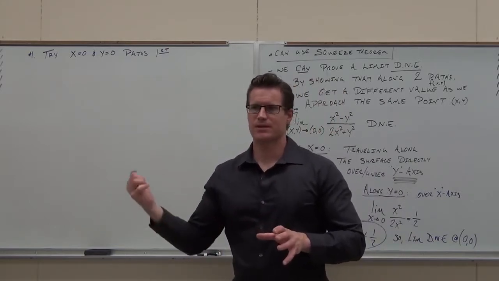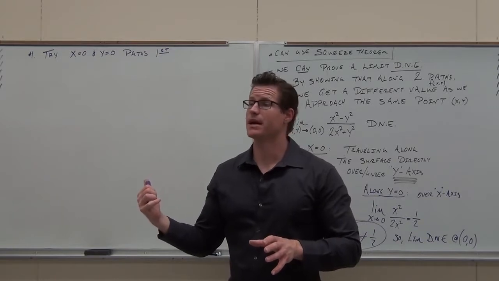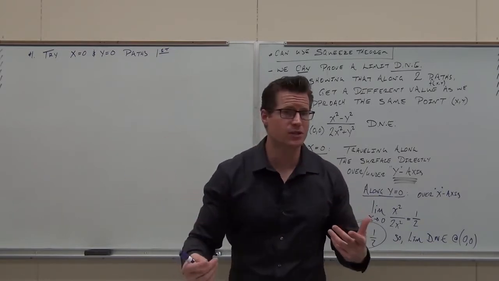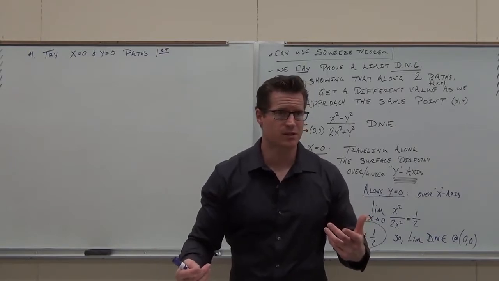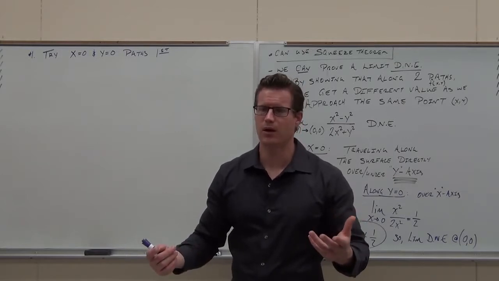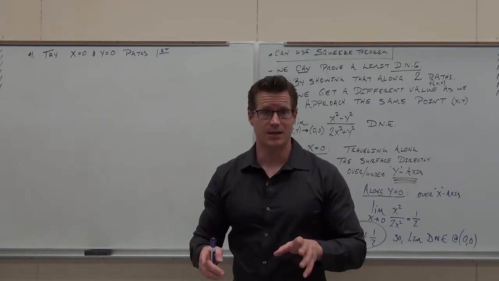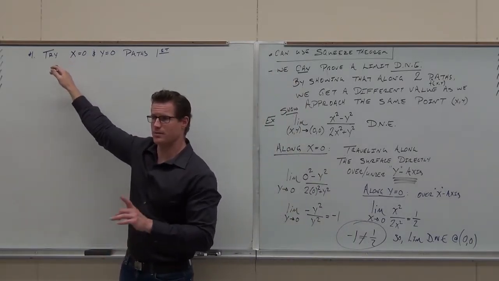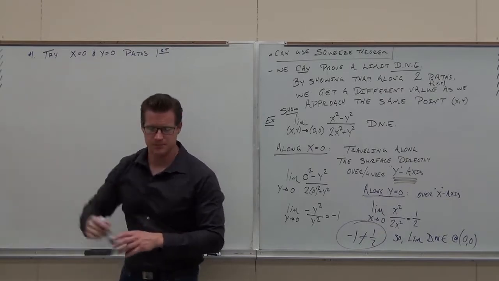Listen carefully. This is not going to work all the time. If you do x equals 0 and y equals 0 and you get the same value still, have you proved something exists? Have you proved something doesn't exist? No. That's the worst case scenario. Then you go, okay, what do I do now? Try another path, but always use one of these to do one path.